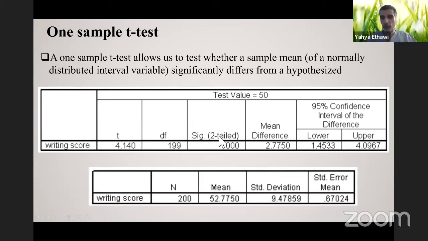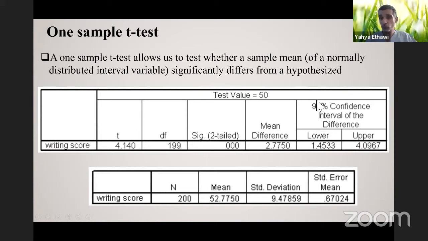The significance level, is it 2-tail or 1-tail? The mean difference, and then the confidence interval. The confidence interval is how confident you are that the hypothesized mean is actually equal to the actual mean.